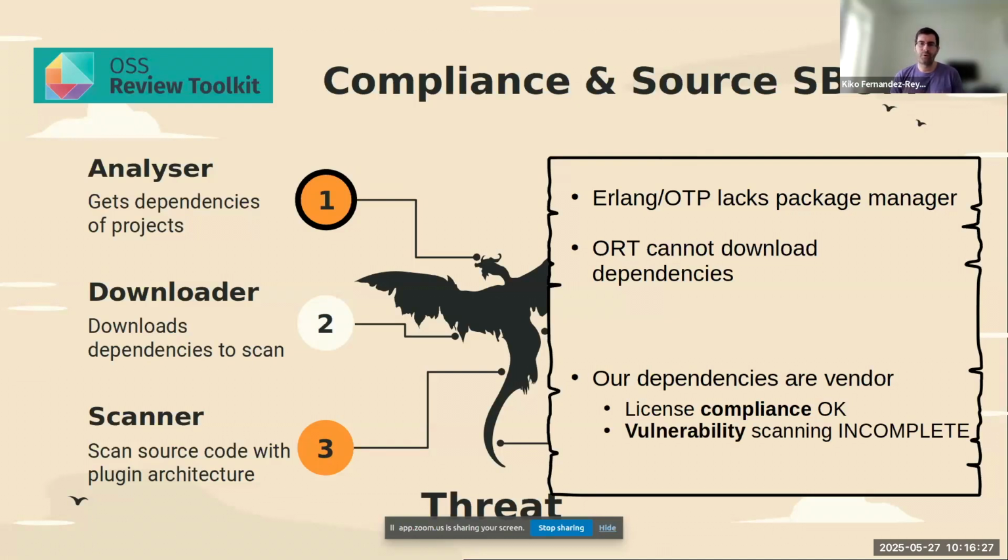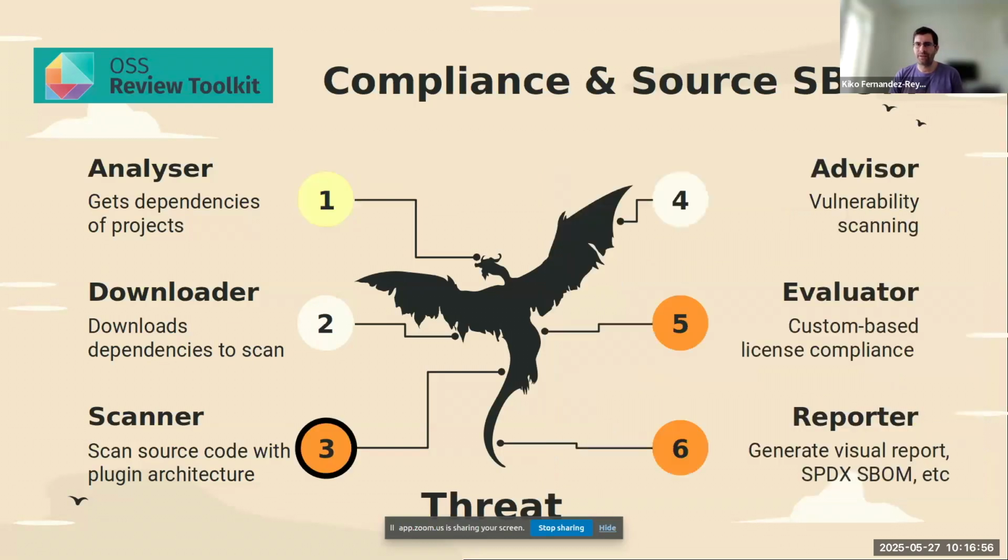What is not so straightforward is to do the vulnerability scanning of vendor dependencies, because you just took a project from somewhere else, you place it into the Erlang OTP repo, and now when you do your vulnerability scanning, you need to be able to say, yeah, I was using this kind of version and so on. So the license compliance part was okay, but the vulnerability scanning, not so much. And because of that, we're going to get back to it later. So that's why I marked it with a yellow mark.